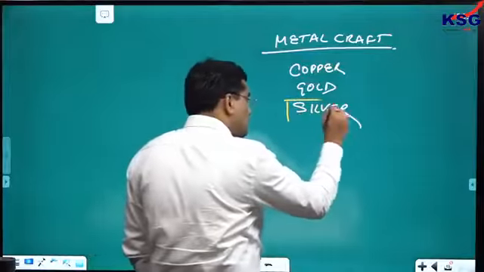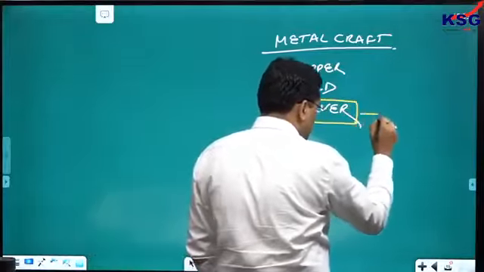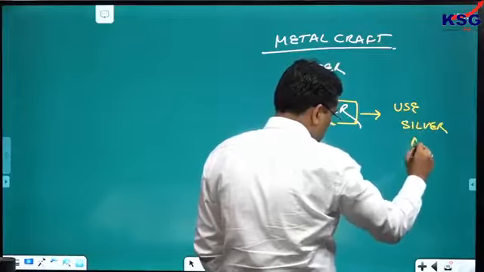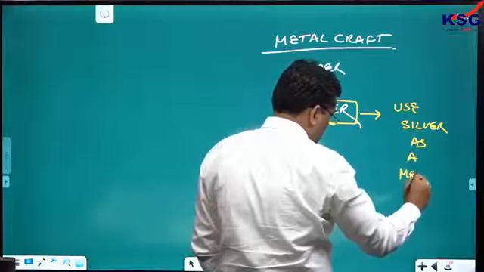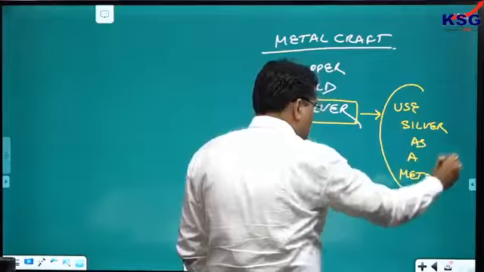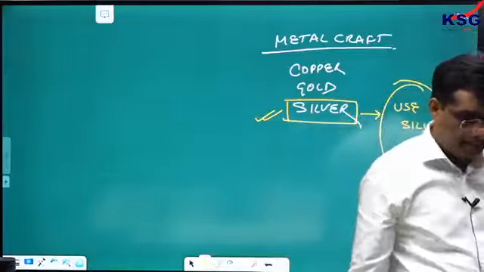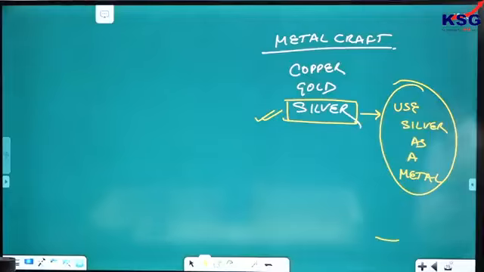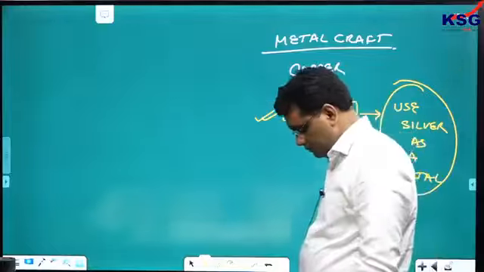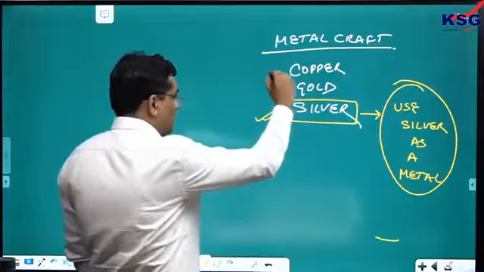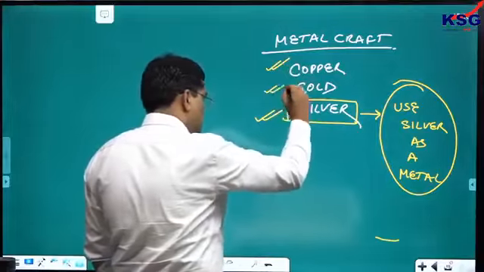Harappans were the first in the world to use silver as a metal. So copper, gold, silver.